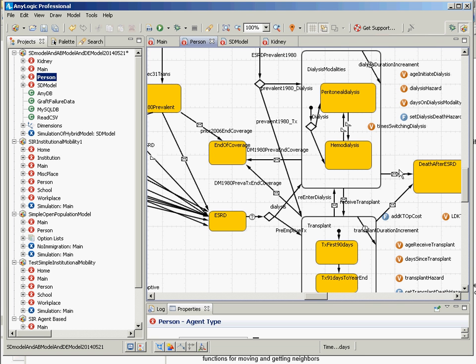What happened is that we realized that we were taking this agent-based model and we were taking in people from output from that system dynamics model. In other words, we were taking files output by the system dynamics model and reading them in to dictate the number of people coming into this agent-based model over time. And we said, look, why do that?